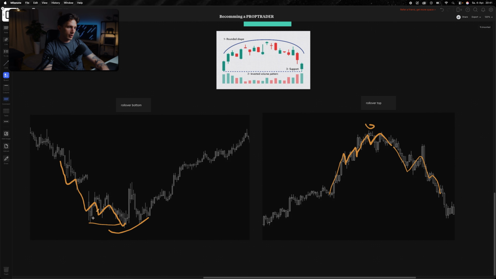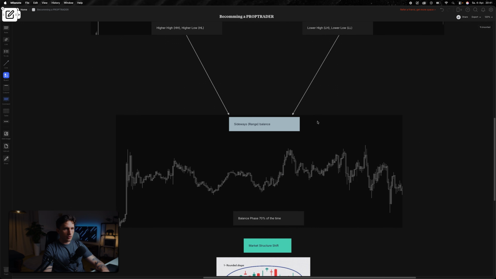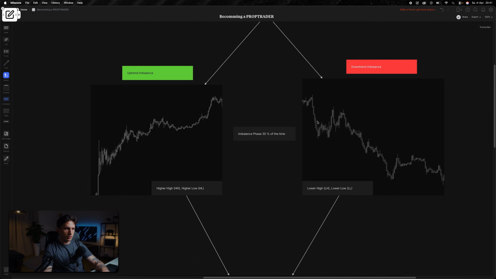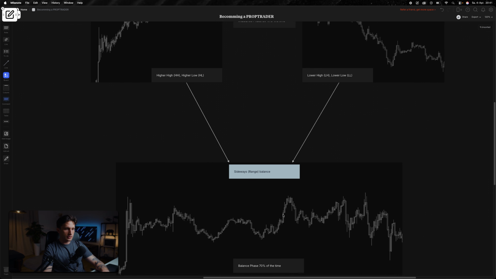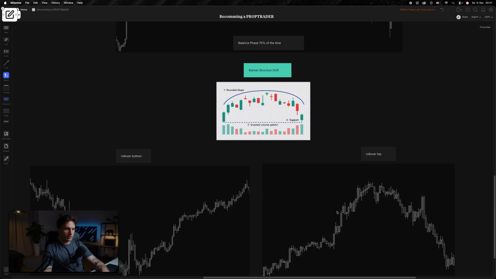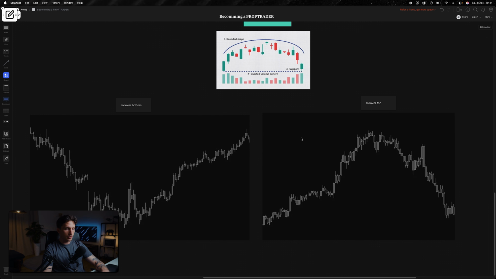So that's rollover bottoms and rollover tops. That's all we are watching on market structure. If you want to make a screenshot, feel free to screenshot this, or the range phase, or the rollover bottoms and rollover tops. But let's now jump on TradingView and I'll show you some examples.